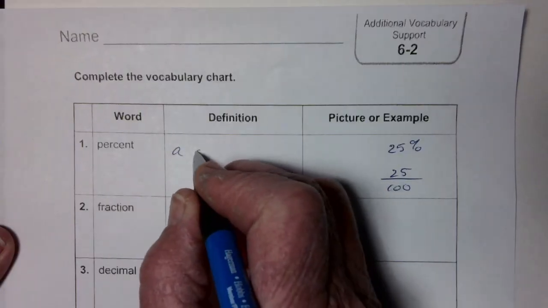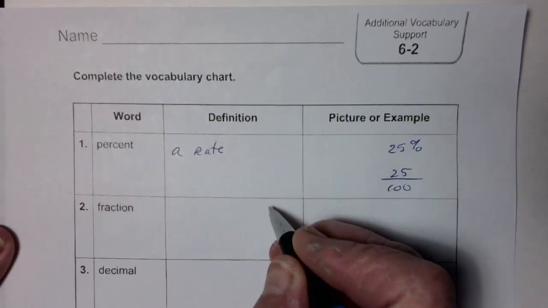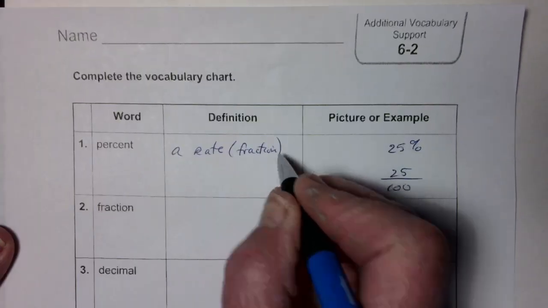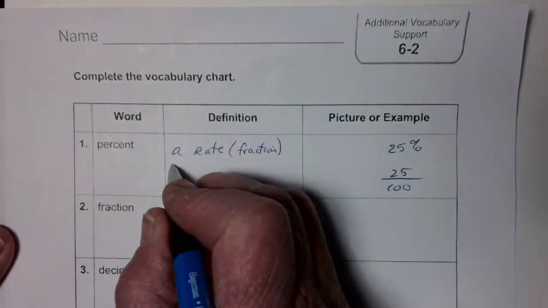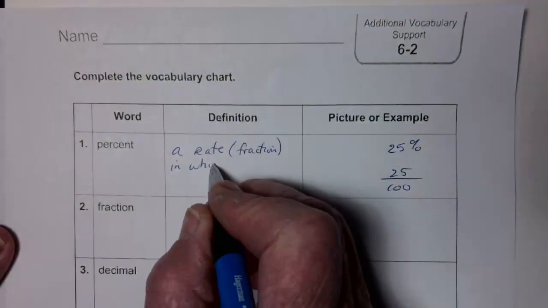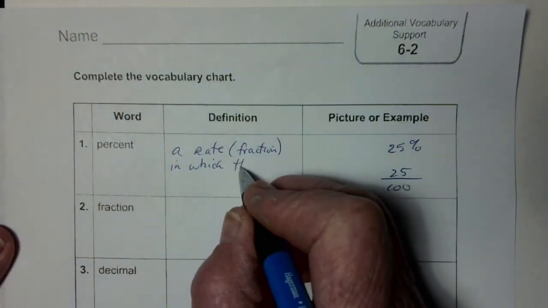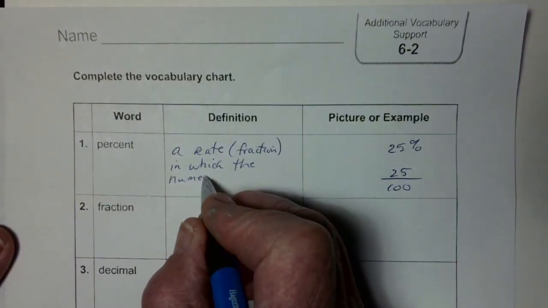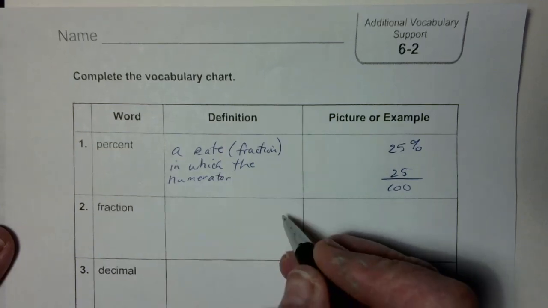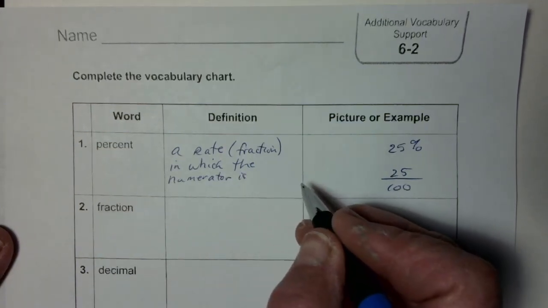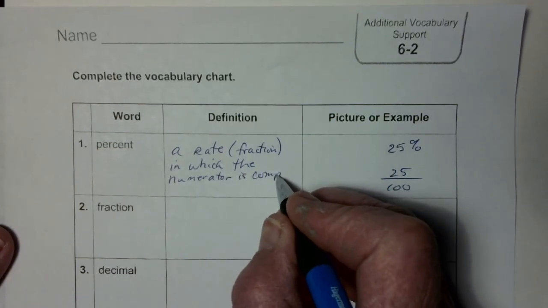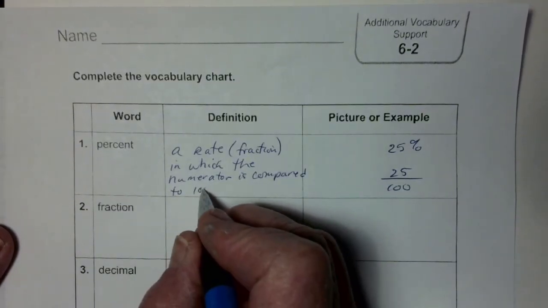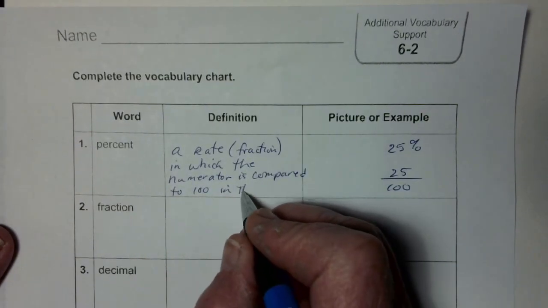It's a rate, in parentheses, fraction, because a rate is a fraction, a rate in which the numerator is compared to 100 in the denominator.